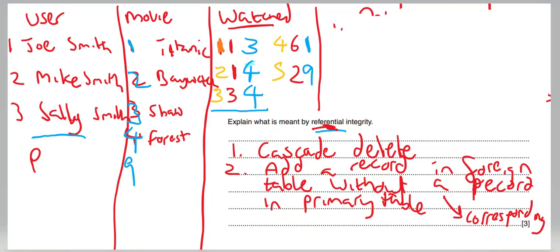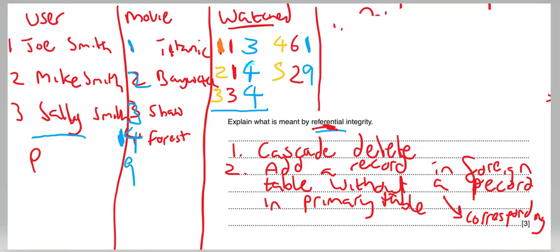This final one is this. Let's imagine that I changed this from Forrest Gump to FG for Forrest Gump. I just renamed it to make it easier to store my database. This in here will need to also be updated. In fact, that's a bad example because we haven't got anything to do with FG. So let's imagine that I've given this a new ID, Forrest Gump, and I've given it the ID of 14.